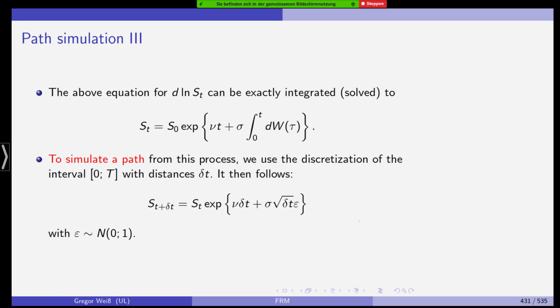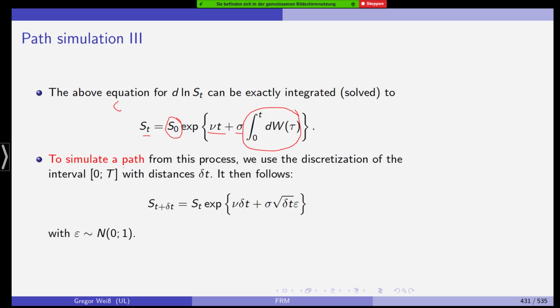If we plug all this into the geometric Brownian motion, we get this equation here, and it's the exact solution. The stock price at point t is the original stock price at which we started times the exponential function of nu t plus sigma times this integral of the Wiener process.